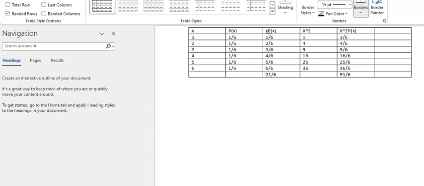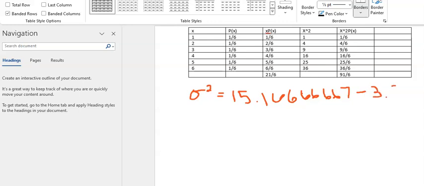So our variance is going to be that 91/6, which was 15.166666, minus the mean squared, and our mean was 3.5, so we want to square it.